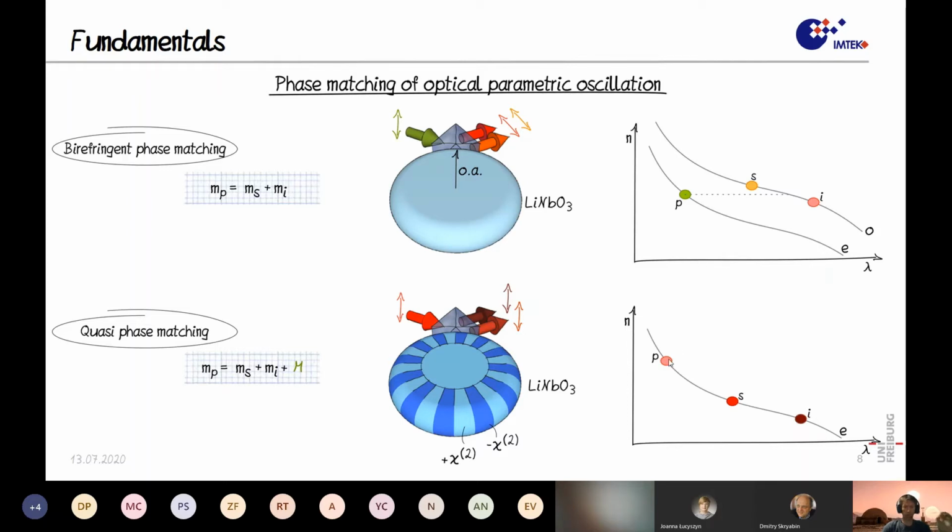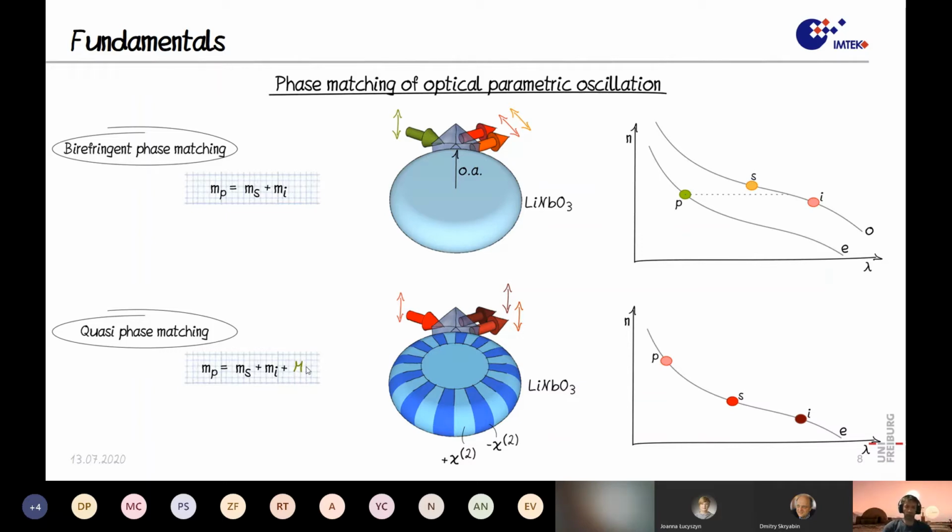But we can then structure the material such that you have regions of positive nonlinearity and regions of negative nonlinearity. What you do is basically invert the crystalline structure. I will tell you later how we do this. This gives you a certain periodicity, and this periodicity is given by the number capital M.